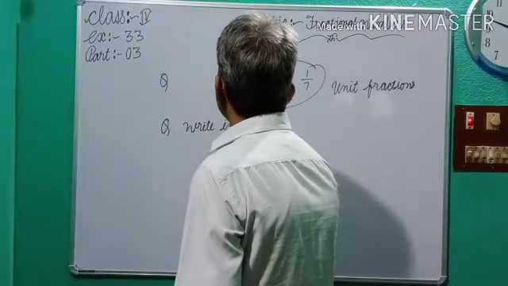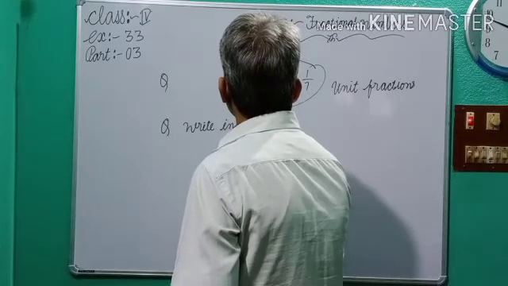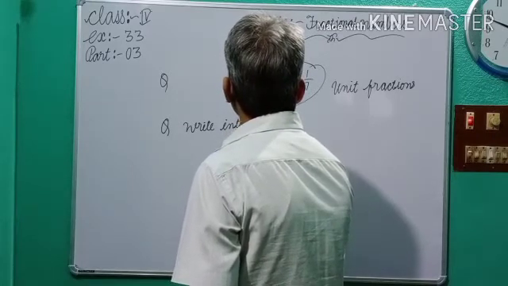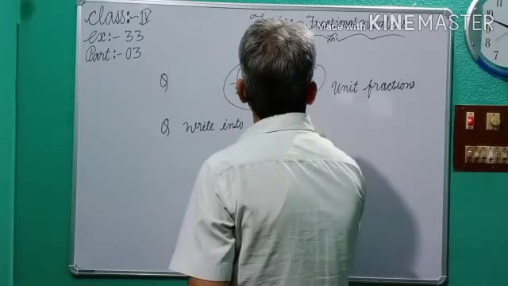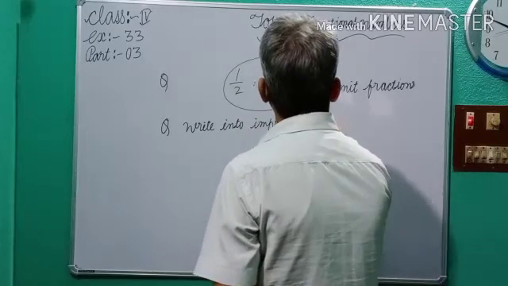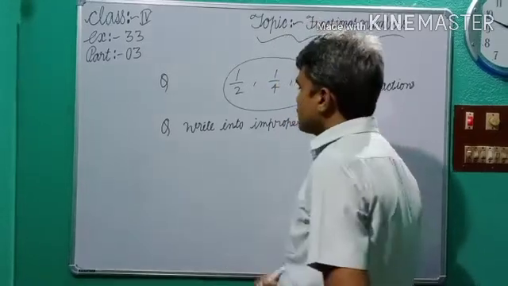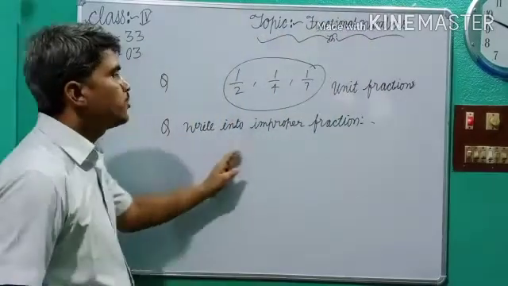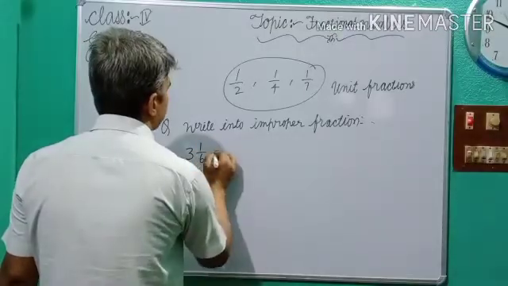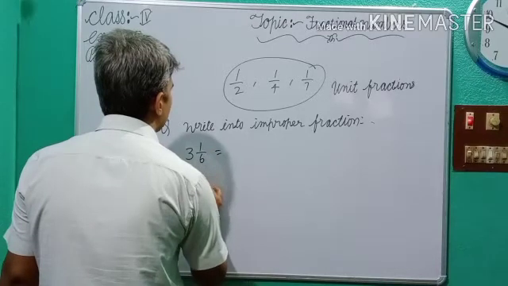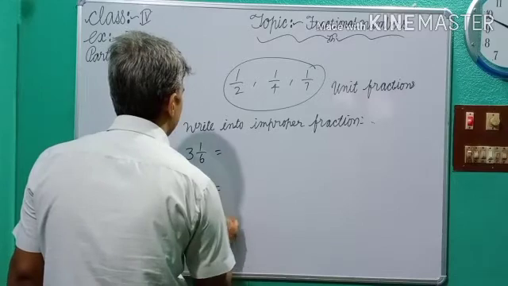write into improper fractions. Dear students, first of all, write into improper fractions: 3 upon 1 by 6, 4 upon 1 by 3, 5 upon 2 by 7.